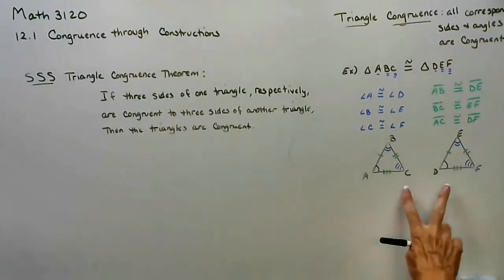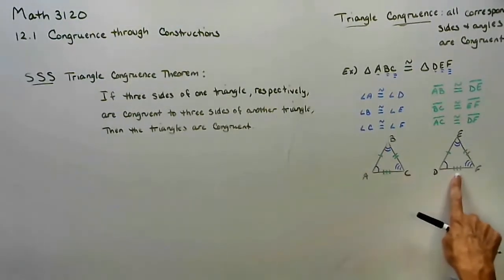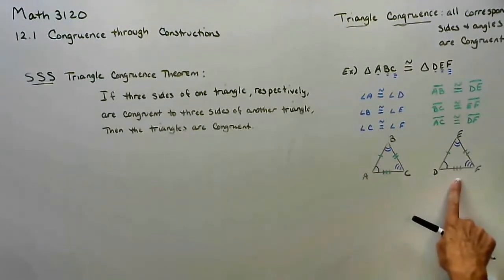That's very similar to what we just showed over here. If all three sides are congruent to their corresponding parts, then triangle ABC is congruent to DEF.